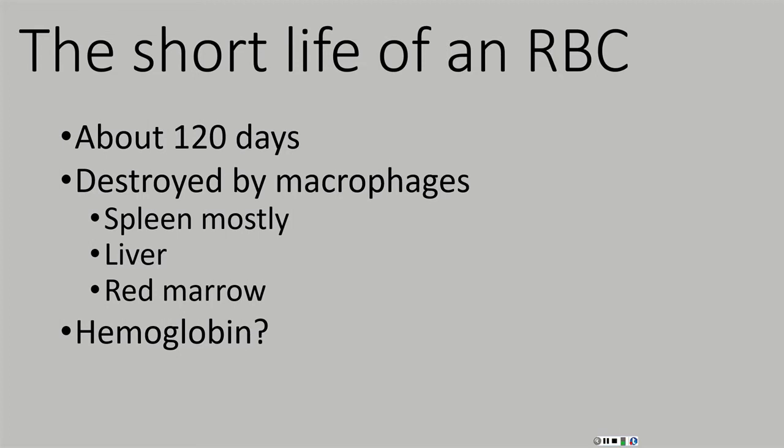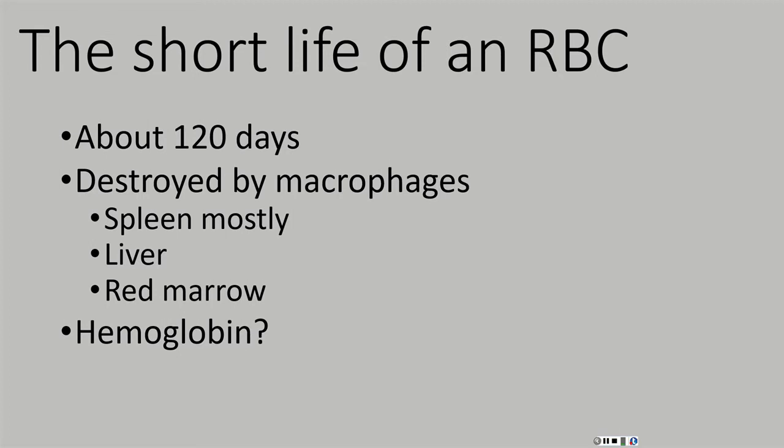And after about that 120-day mark, they're destroyed in the liver, in the spleen, really primarily by the spleen, but the liver, the kidneys, a few other places, by macrophages. Remember macrophages from Bio 137? These are really big phagocytic cells. They like to eat things. So they're going to break down these red blood cells and their contents.